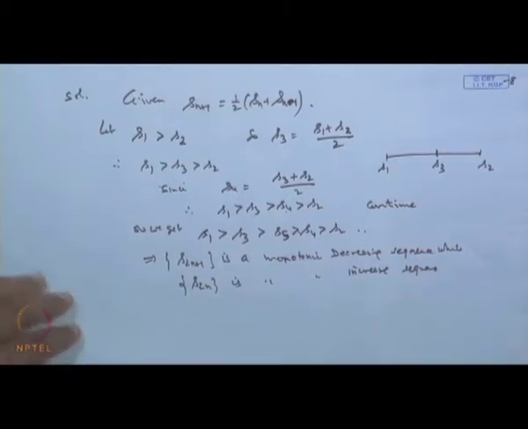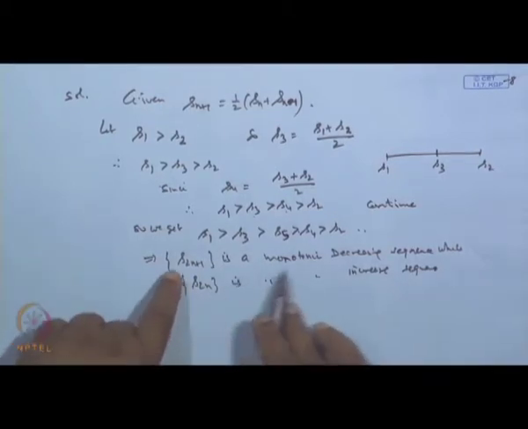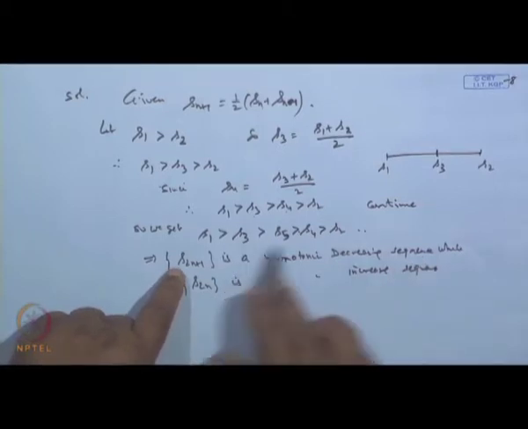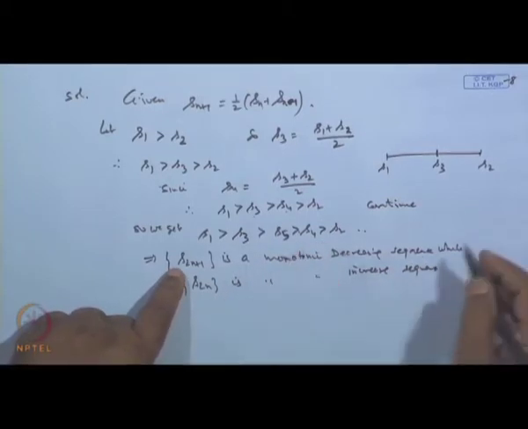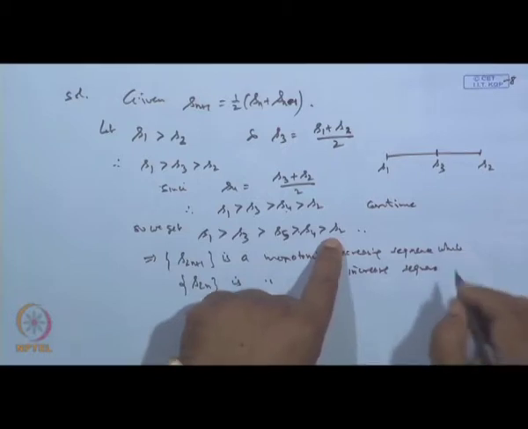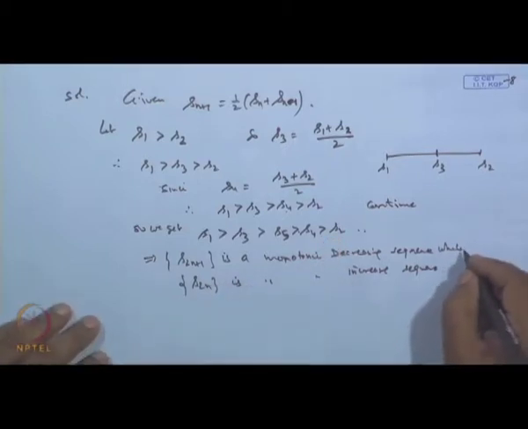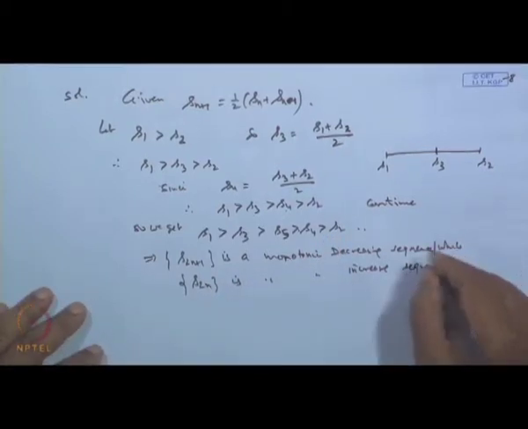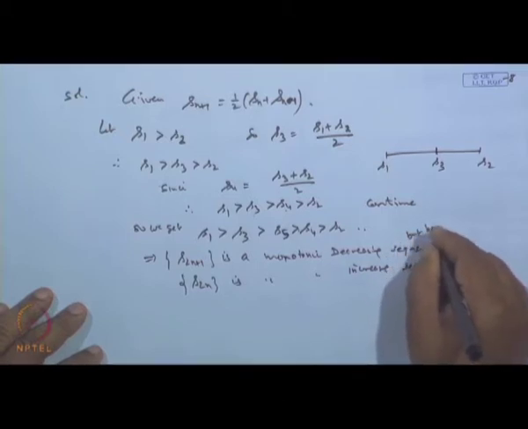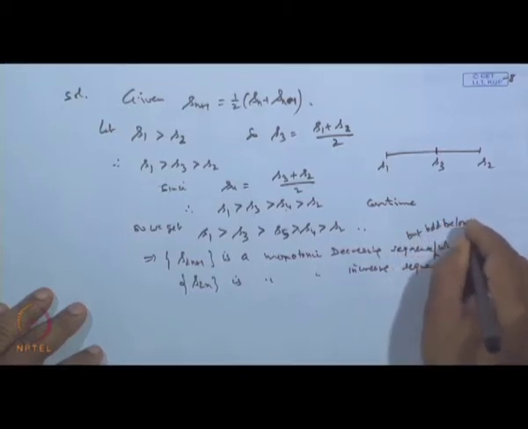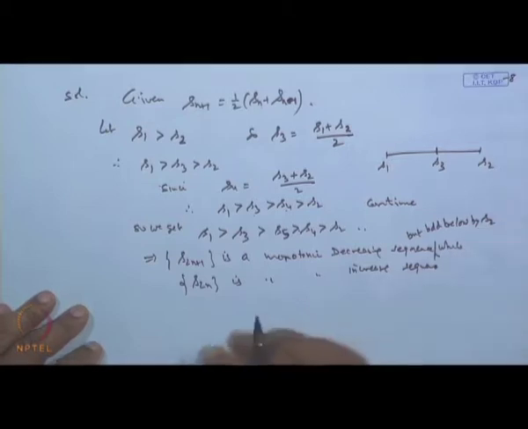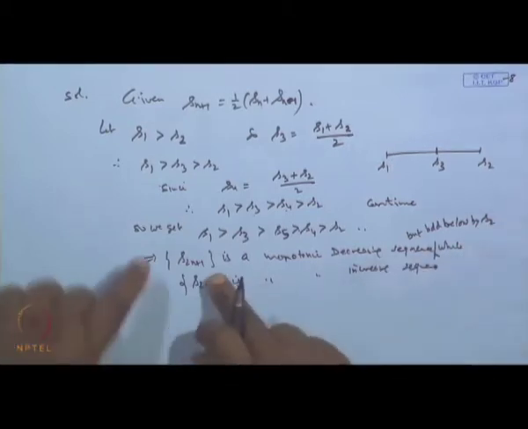Now, S2n plus 1 is a monotonic decreasing sequence, but it is bounded below by S2, because S1 and S2 are fixed. So, it is convergent.